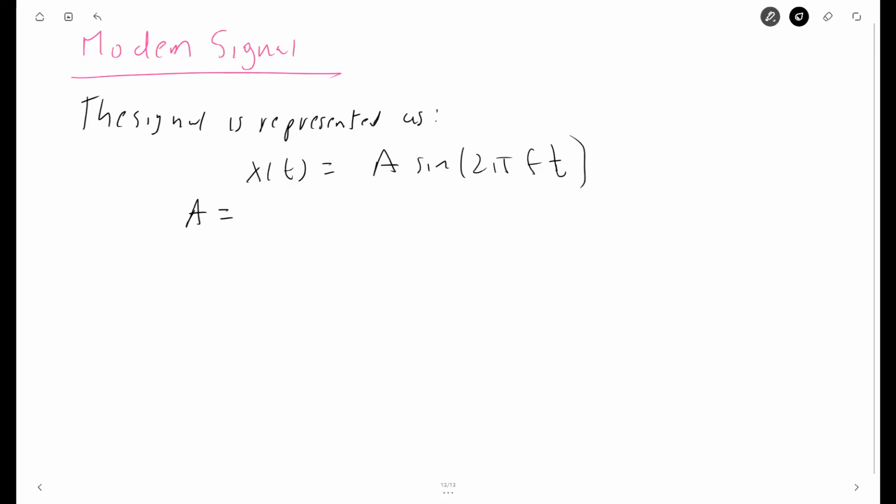A is the amplitude, f is the frequency, t is the time.